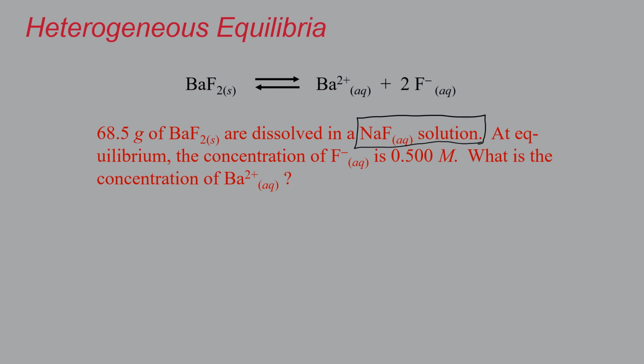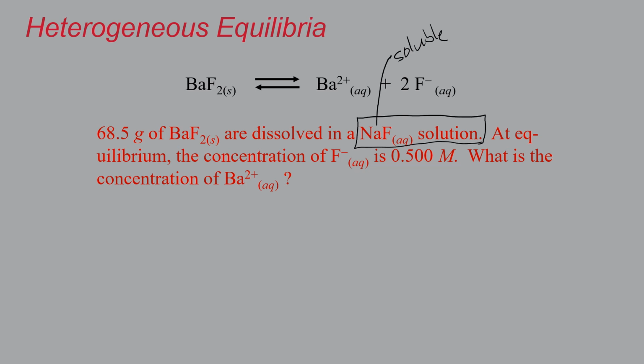And if you recall the solubility rules, because this is a sodium salt, this is going to be quite soluble. So you're going to have sodium ions and fluoride ions already present in this solution when you add the barium fluoride.